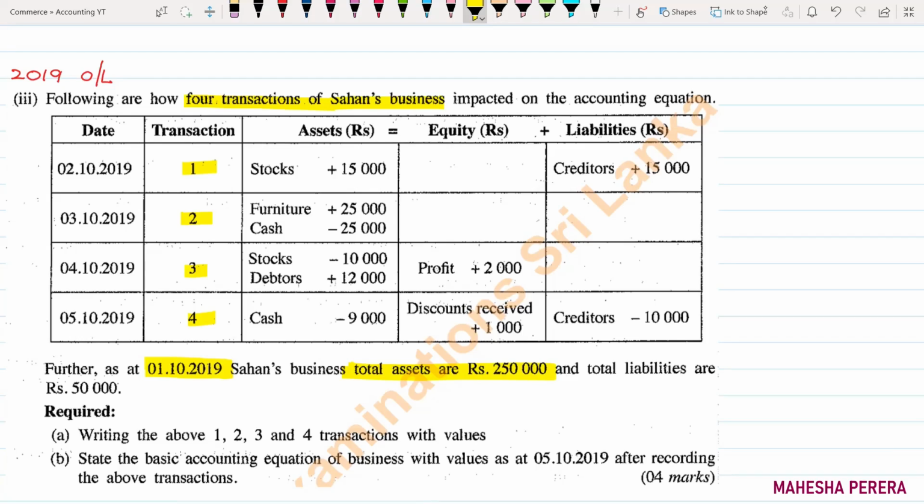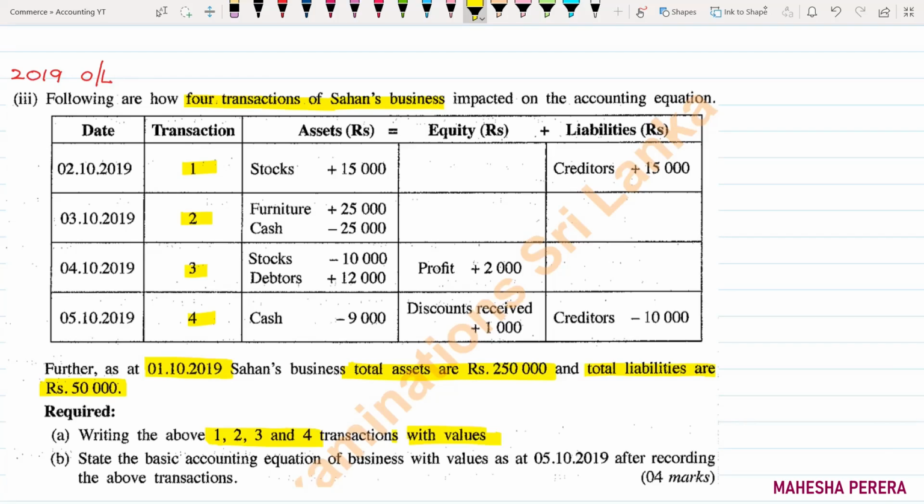Again, the opening balance. And also total liabilities are 50,000 rupees. Here again, the opening balance of liabilities is 50,000 rupees. Right. What is required? Writing the above 1, 2, 3, 4 transactions with values. Of course, when you are asked to write transactions, you need to include the values. Okay.